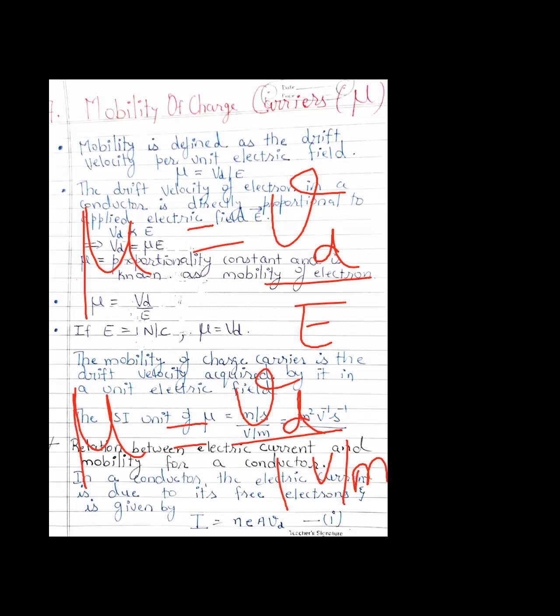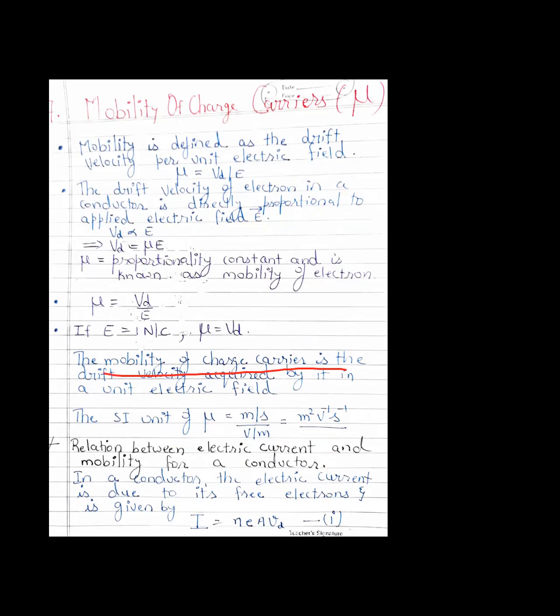So the mobility of a charge carrier is the drift velocity acquired when the electric field is unit. When the electric field is unit, the drift velocity with which the electrons are going to move gives you mobility, right children?